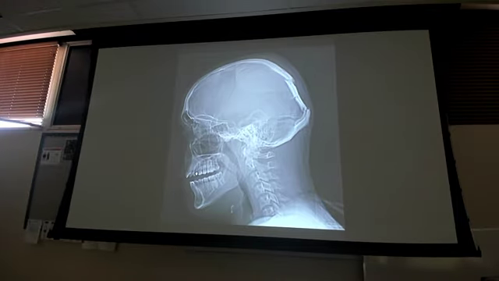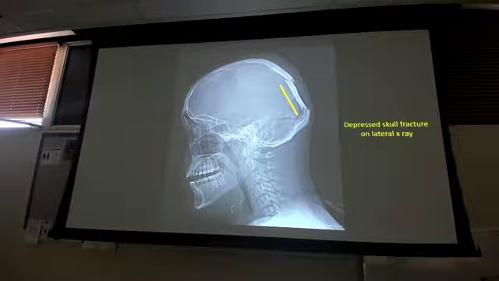Oh, remember this? Depressed skull on lateral x-ray. Which means then, if I see this, what's the next thing I'll probably get in? CT. With or without contrast? Without.